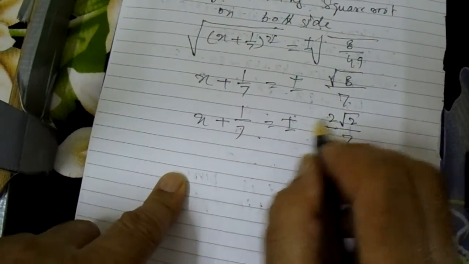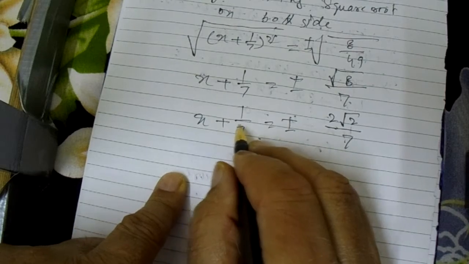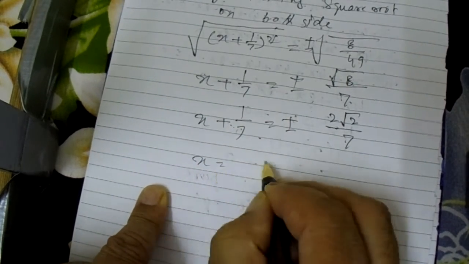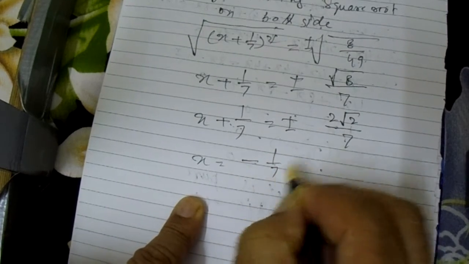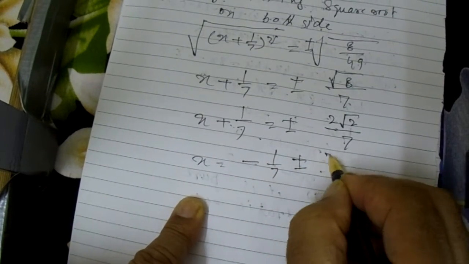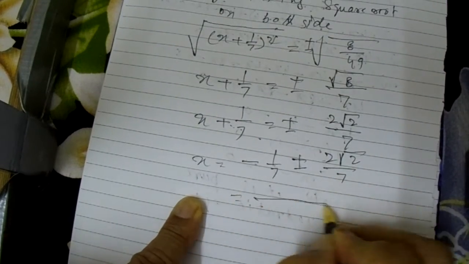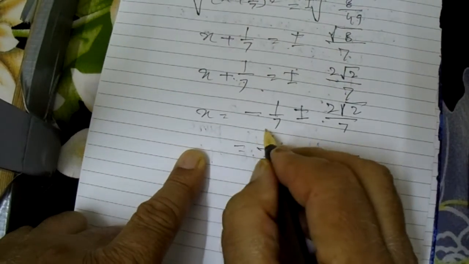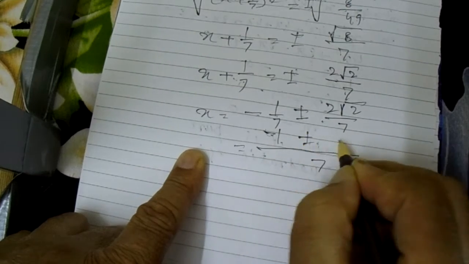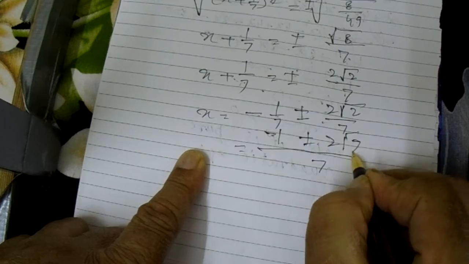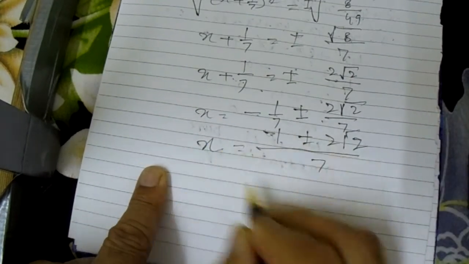Now the next step is this 1 over 7 will go on the right side, it will become negative. Here x is equal to minus 1 over 7 plus minus 2 under root 2 over 7, and 7 is the LCM. We write x is equal to minus 1 plus minus 2 under root 2 over 7. Now this is the solution.